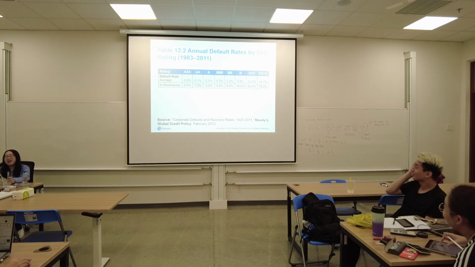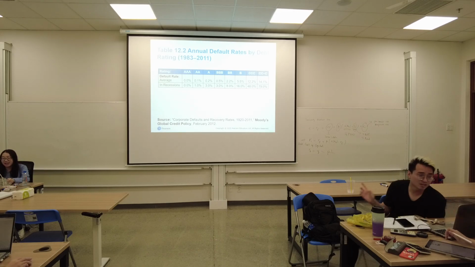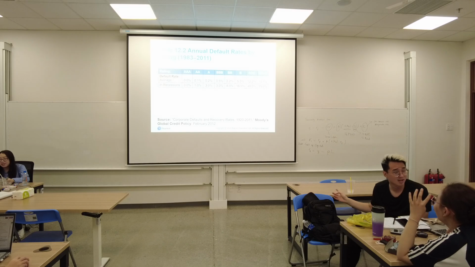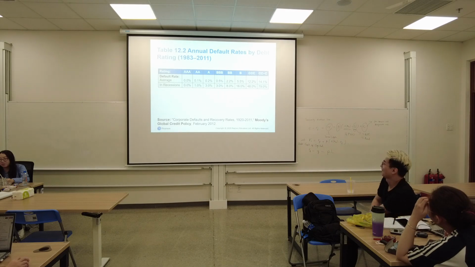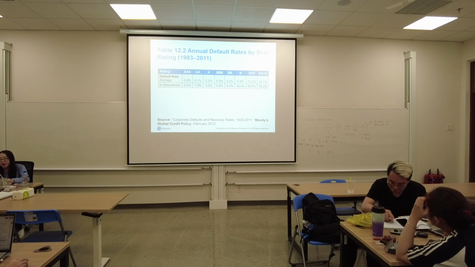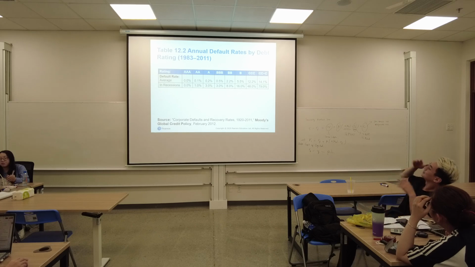As we have annual default rates by debt rating. So this is for different ratings of corporate bonds, corporate defaults. We have different levels of default rate for the equivalent bond rating.